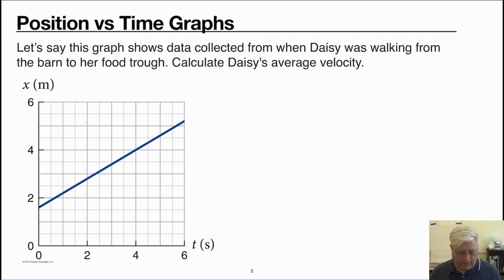I probably should have put barn door there, is probably what I meant. Calculate Daisy's average velocity. Average velocity is a change in position divided by the time interval.